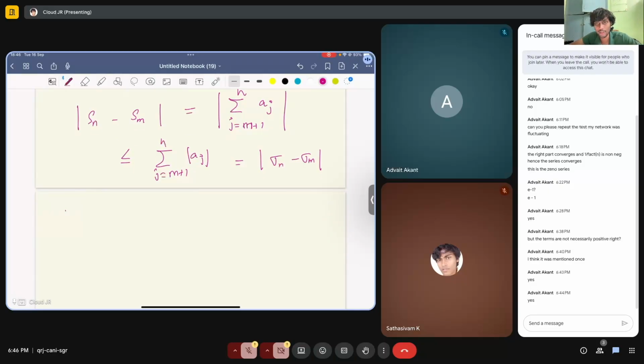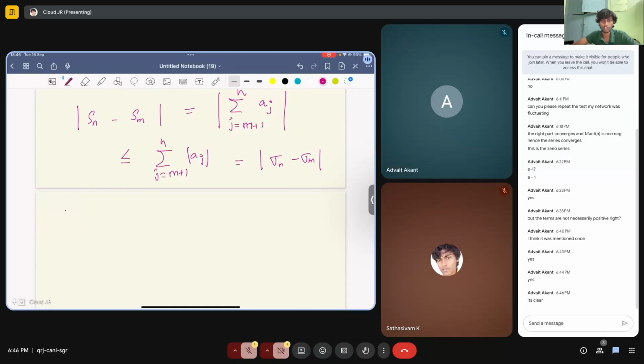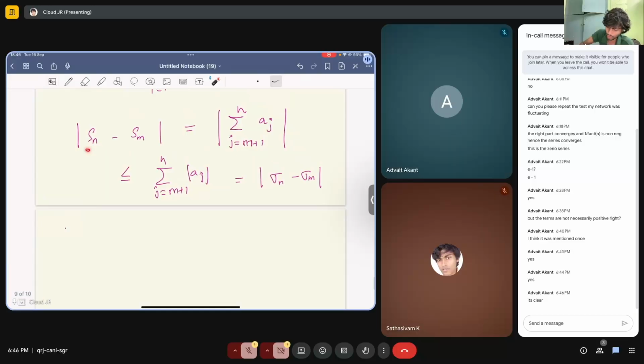Is it clear, or should I say it properly? It's clear, right? Because the sequence is Cauchy if for all epsilon there exists an n such that this term is less than epsilon. Similarly here we have to prove for all epsilon there exists an n. You take the same n which works for here, and you can clearly see since this itself is less than epsilon, this term is also less than epsilon, and you prove that this is Cauchy.